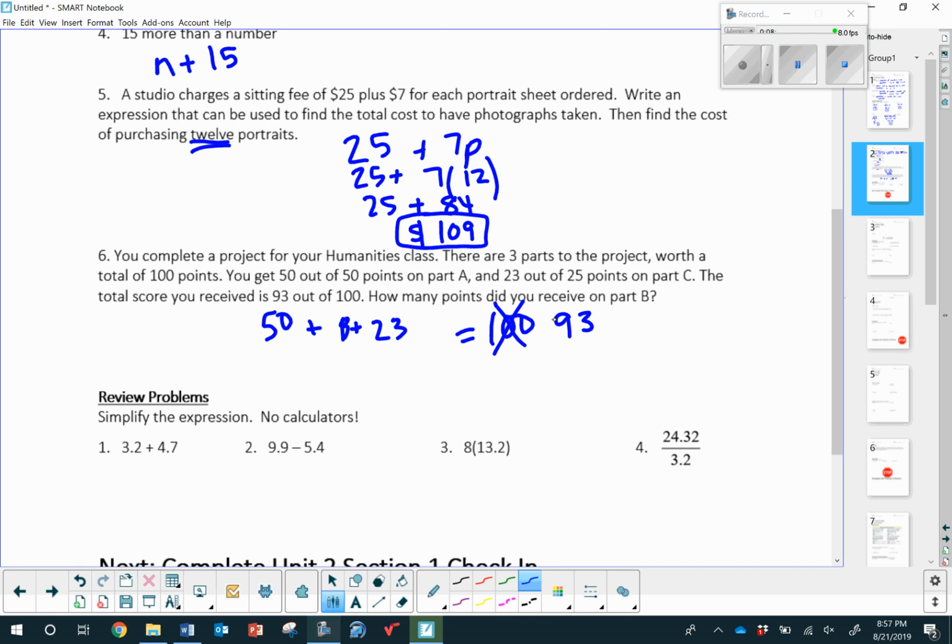Because had I not fixed that, and had we used the number 100, we would have gotten a wrong answer. So make sure that you read the entire problem first before you plug in numbers. That was an excellent example of what to avoid there. So 50 plus 23 is 73, plus B equals 93. We then know that B must equal 20 points.